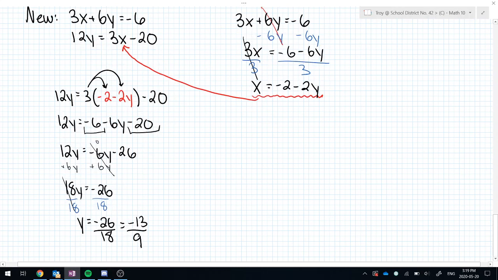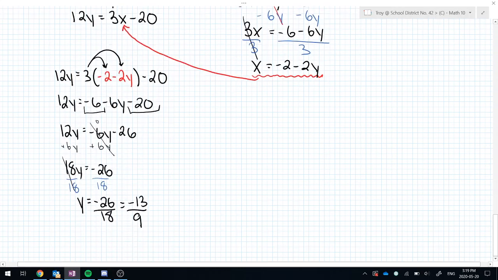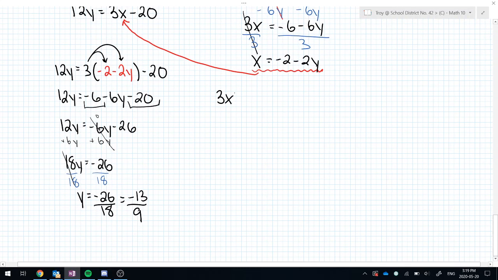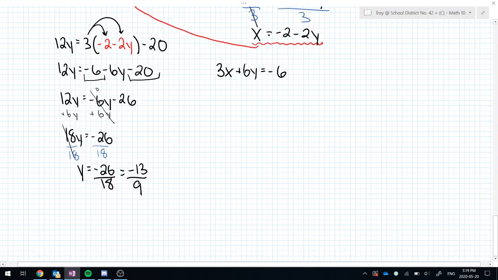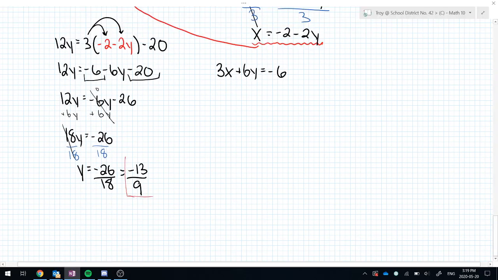So now we can go up. And let's see what I want to do. So I'll take the other one. How was it? 3x plus 6y equals negative 6, right? Yep. And I'll take that y value and put it right in there, because that's what y is equal to.